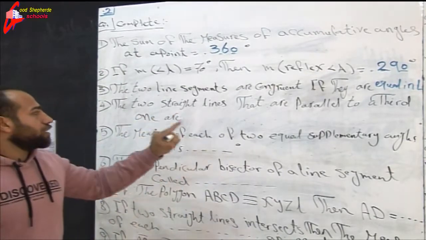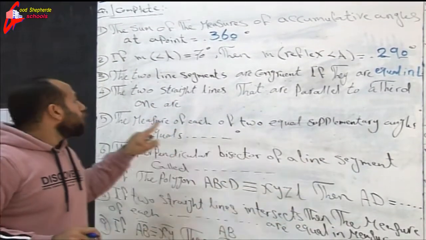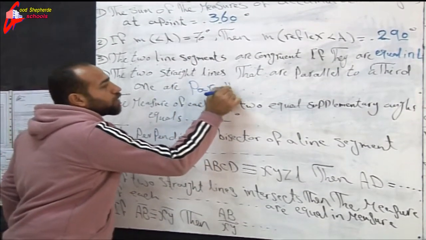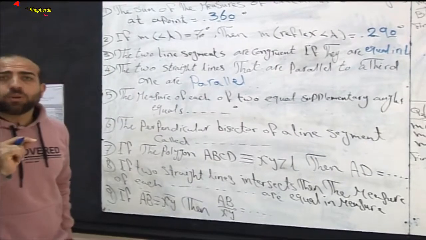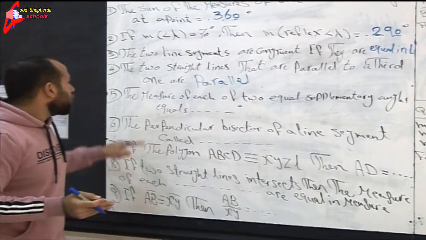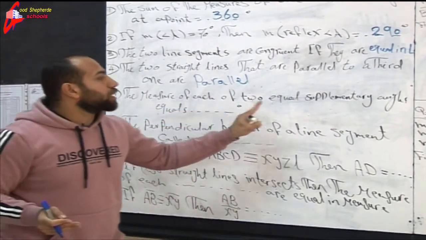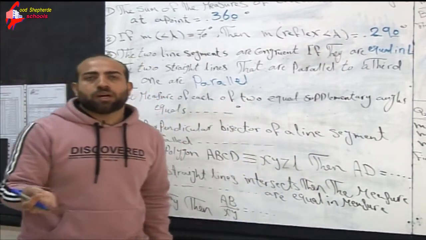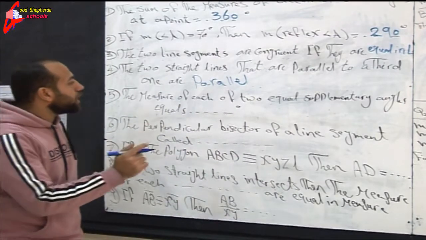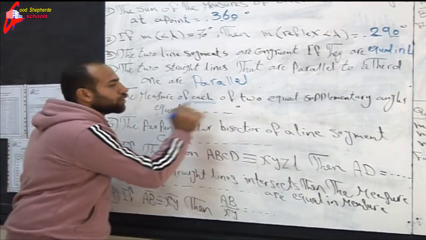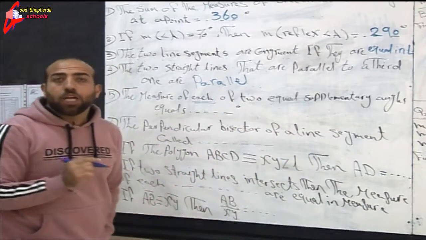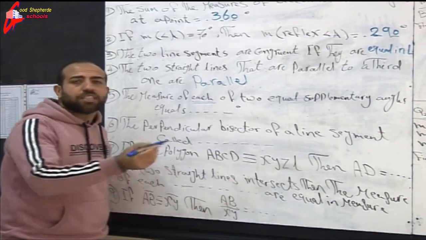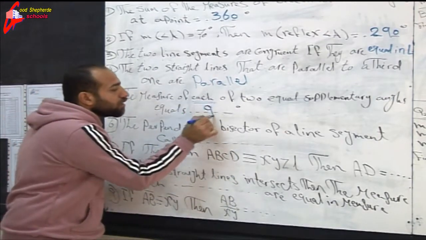If two straight lines are parallel to a third one, they must be parallel. The measure of each of two equal supplementary angles equals: the sum of two supplementary angles equals 180. He wants the measure of each one if they are equal, so you will make 180 divided by 2 to get 90 degrees.